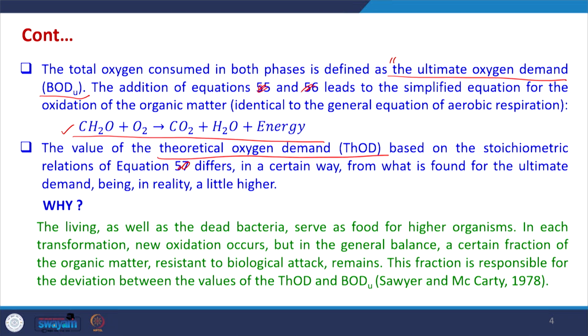Why is this happening? This is so because the living as well as the dead bacteria, which serve as food for the higher organisms, during their transformation in the new oxidation reactions, always leave a certain fraction of organic matter that is resistant to biological attack. So, it does not oxidize and remains in the water itself.